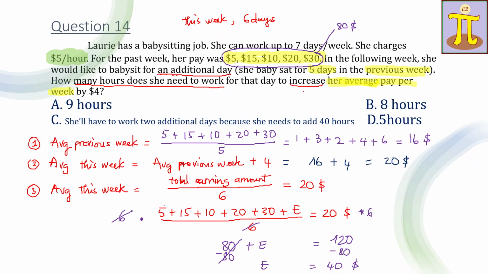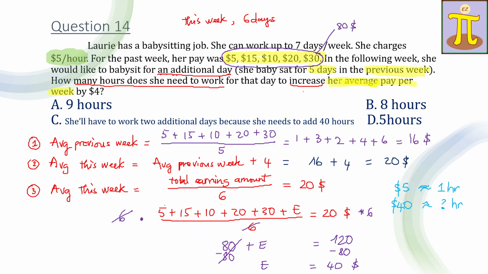Okay, so we can set up just like the previous problem. Okay, so $5 is 1 hour. Now $40, how many hours do you have to work?